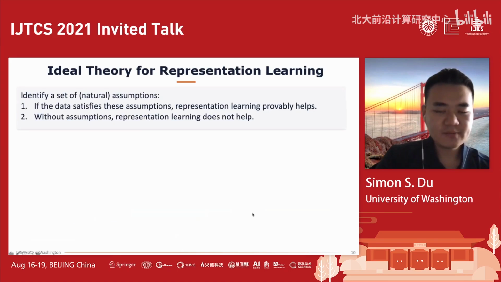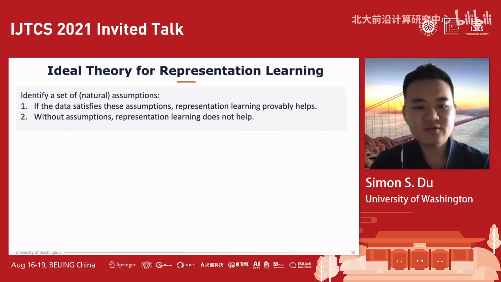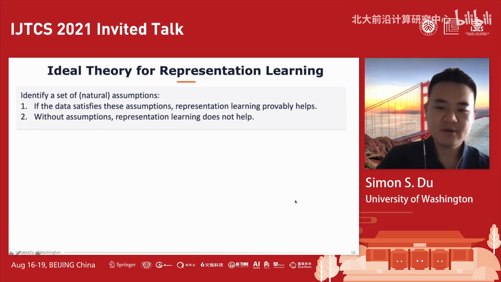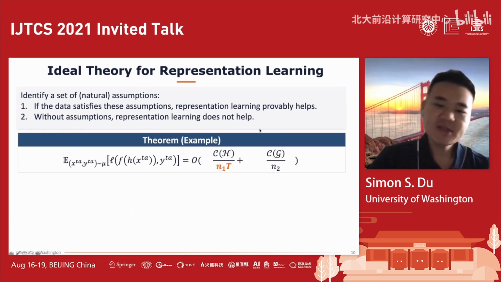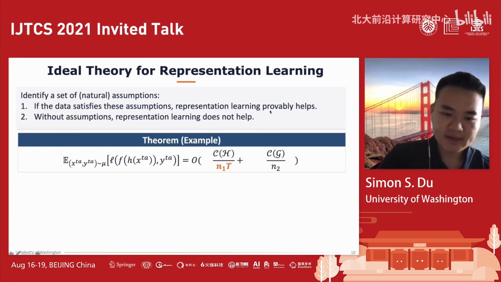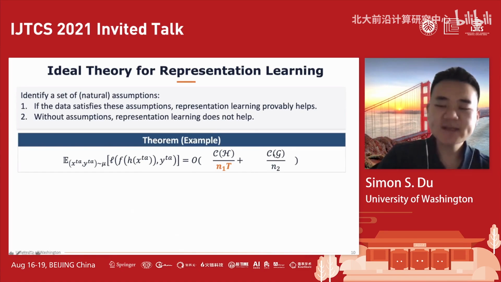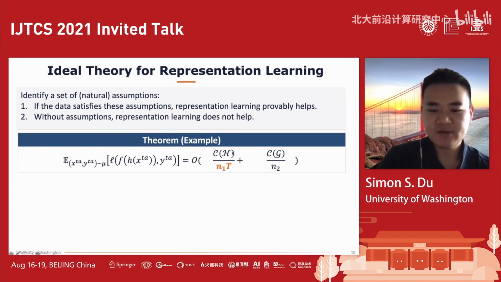So what would be an ideal theory for transfer learning or representation learning? Ideally, you want to identify a set of natural assumptions such that if the data satisfies the assumptions, representation learning provably helps, and without these assumptions, representation learning does not help. This is an ideal form of the theory: the expected loss is bounded by CH over N1T plus CG over N2. Why can we expect a theorem like this?